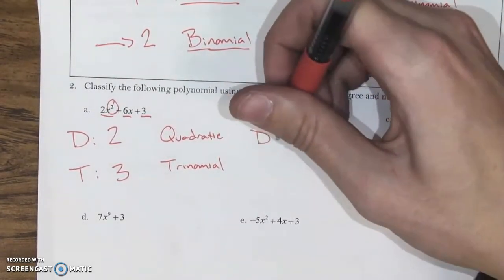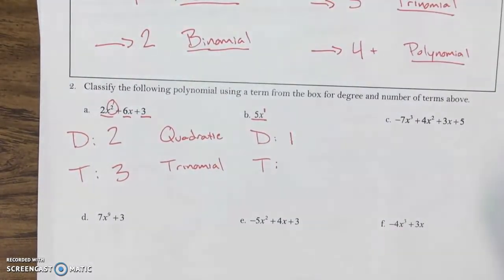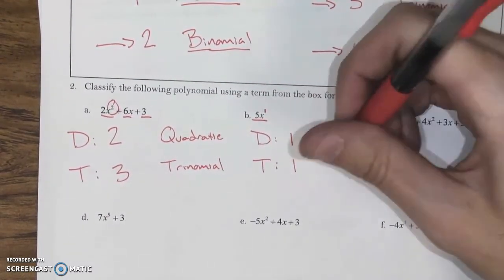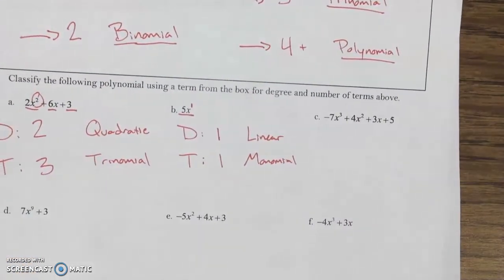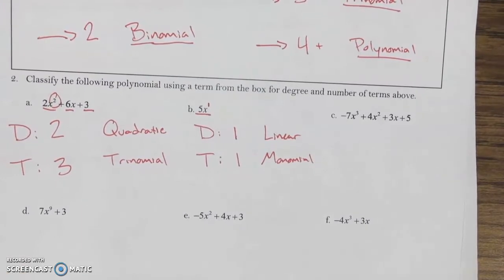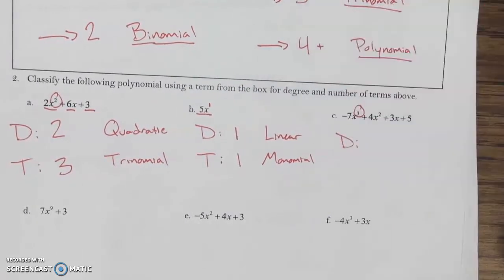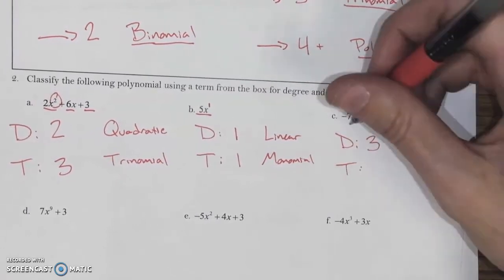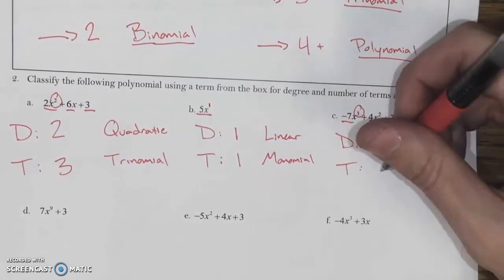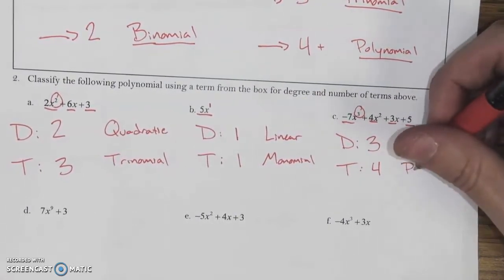So the degree is 1, and the number of terms, well, there's just one term. So we call this a linear monomial. Next up, our highest exponent, our degree, is 3. The number of terms, we have 1, 2, 3, 4. So this is a cubic polynomial.